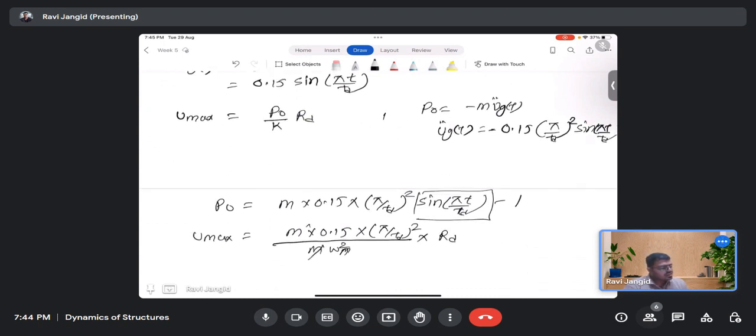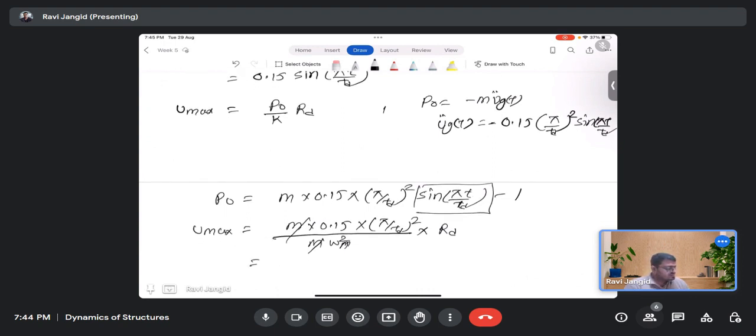So the mass will cancel out. Omega n square we can also write as 4 pi square over Tn square. So that is 0.15 pi square over 4 pi square into Td square into Tn square into Rd.